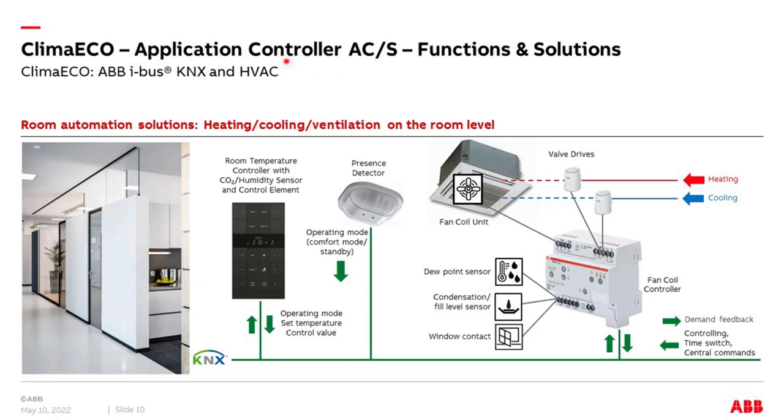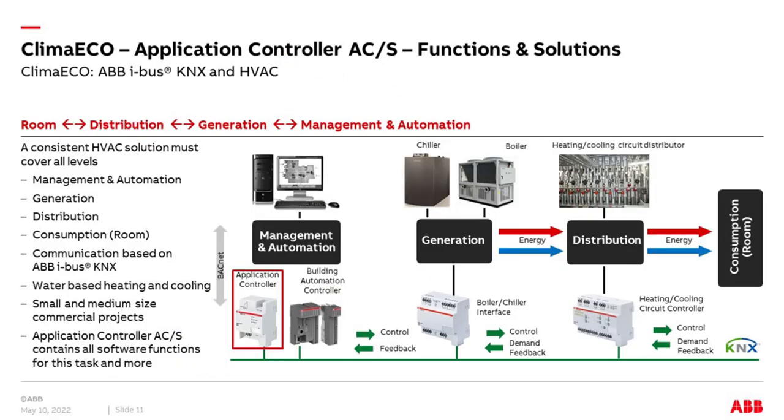Room climate control. With the application controller you see on the left, which is responsible for management and automation, we can do even more. But in between this management level and the room level, we have two other levels. The distribution part, so different heating or cooling circuits normally exist in a building.